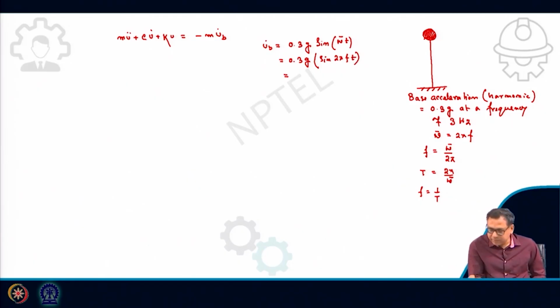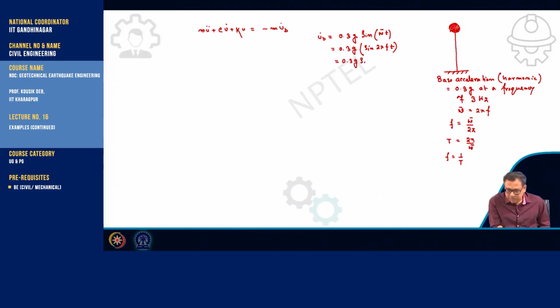Now f is equal to 3 Hz, so this will be 0.3 g sine 6 pi t.